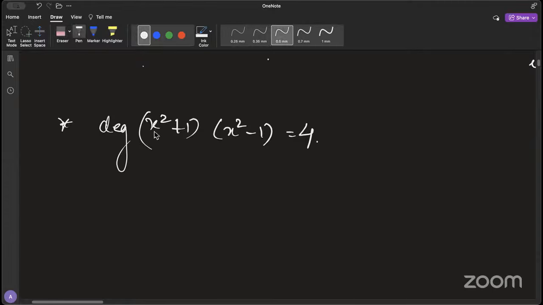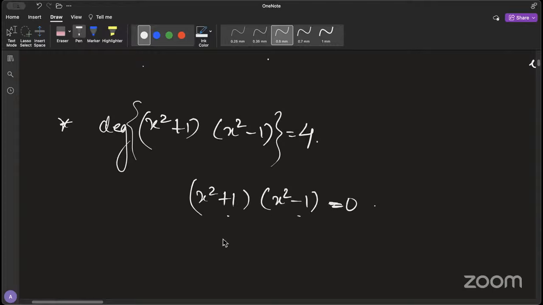First, if you want to find the roots of this polynomial, then you equate this polynomial equal to 0, right? So you'll have x square plus 1 times x square minus 1 equals 0, and then you check each factor. If this factor is 0, then this entire thing will become 0, right? So one possibility is x square plus 1 is 0. The other possibility is x square minus 1 is 0.